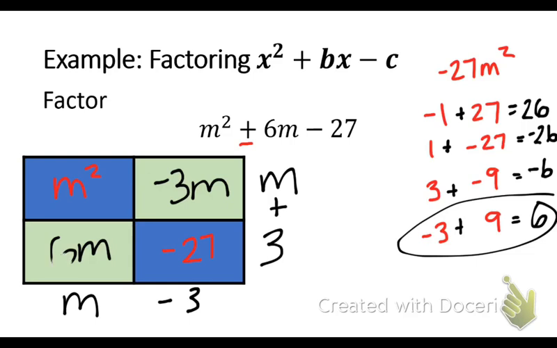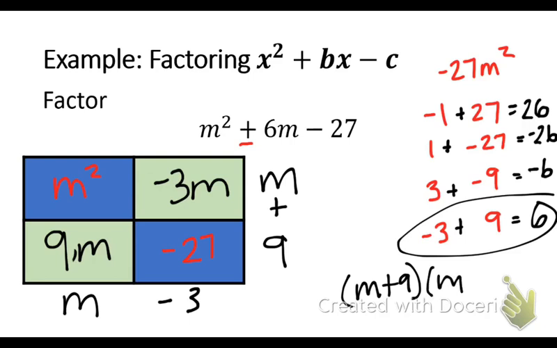I knew something went wrong. So that's supposed to be a 9, not a 6. I wrote the 6 that I added them to. So 9 and negative 27 share a 9. And so because of that, we're going to have m plus 9 and m minus 3.